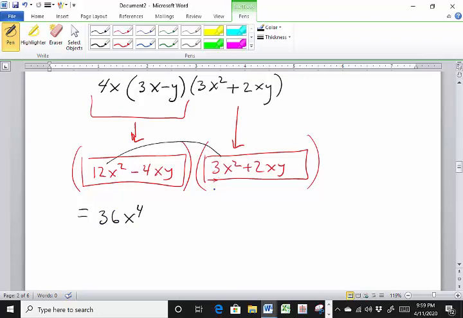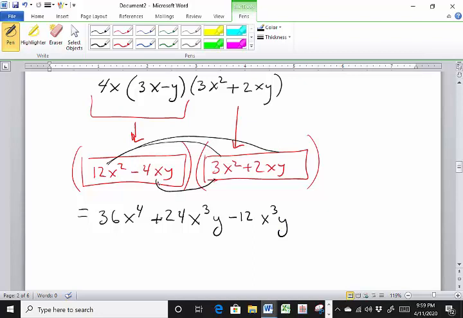X squared times x squared is x to the fourth. Then 12x squared times 2xy, so that's plus 24 x squared times x is x cubed, and then we have that y still there. Then the inside: minus 4 times 3 is minus 12, and then x times x squared is x cubed, and then we still have our y.